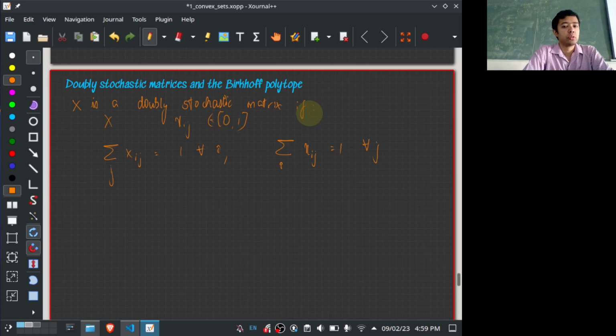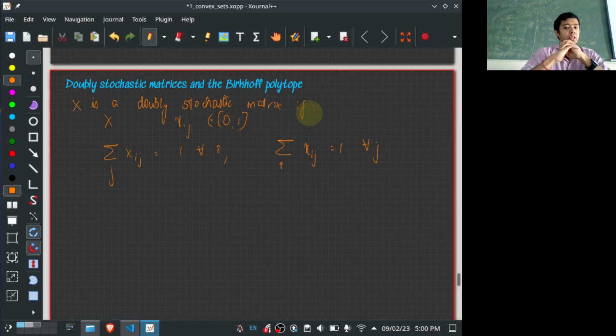If you have a stochastic matrix, for example, where just the rows sum to 1, then you can view this as a one-step probability distribution: what is the probability that the next point is going to be i, given that you're currently sitting at j. A doubly stochastic matrix is a special case of a stochastic matrix, one where in some sense you can go the reverse way as well. Let's not worry about where doubly stochastic matrices come from.